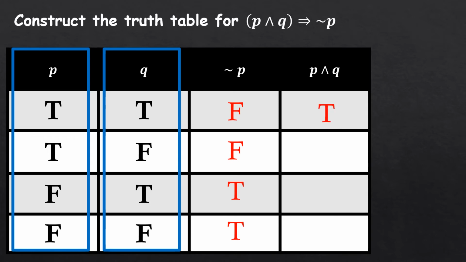Second row, we have true and false, and the answer is false. Third row, we have false and true, and the answer is false. Last row, we have false, and the answer is false.